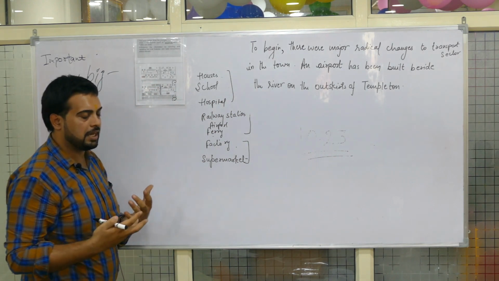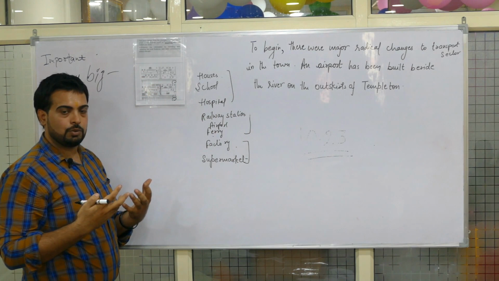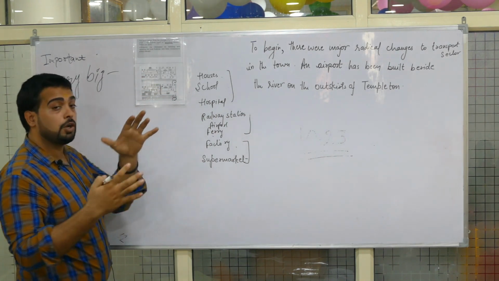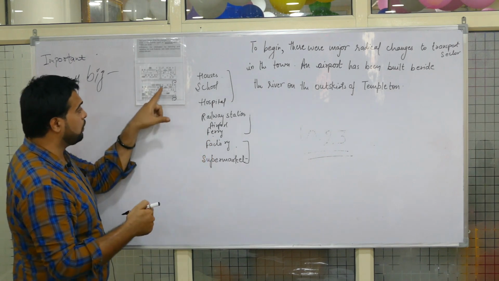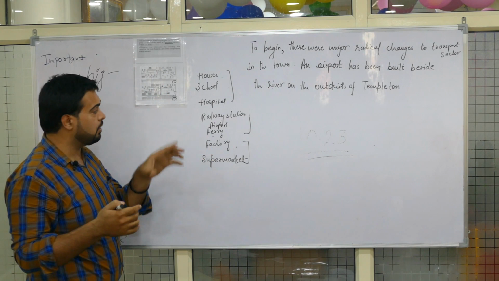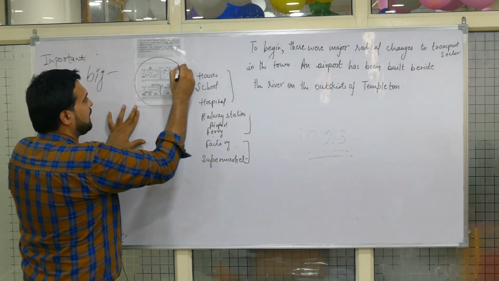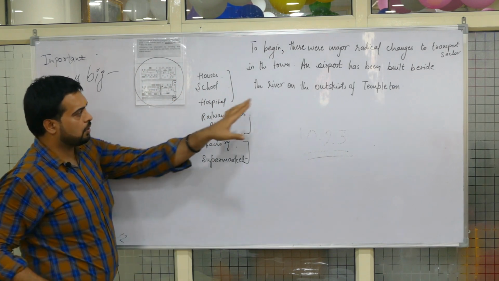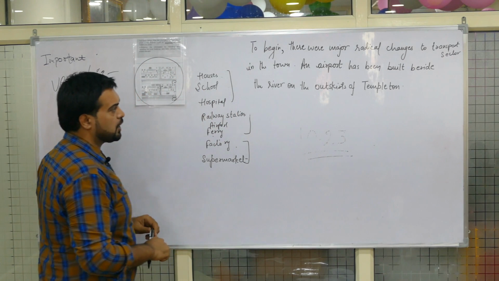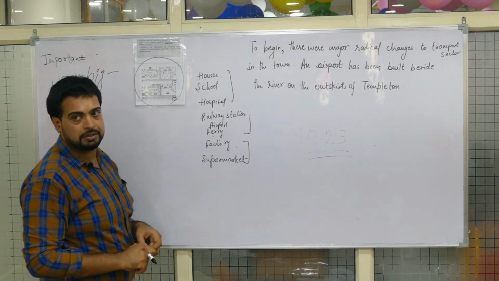Outskirts of Templeton means, in Punjabi, kinare, the edge. Look here, please. Airport. Outskirt is called kinare, you know? So the outskirts of Templeton. This entire city is Templeton, right? Has been built beside the river on the outskirts of Templeton.